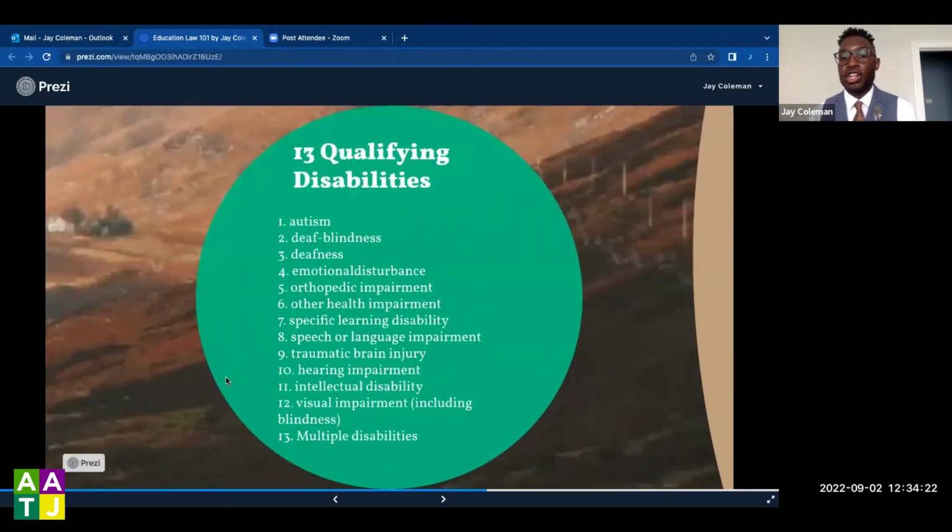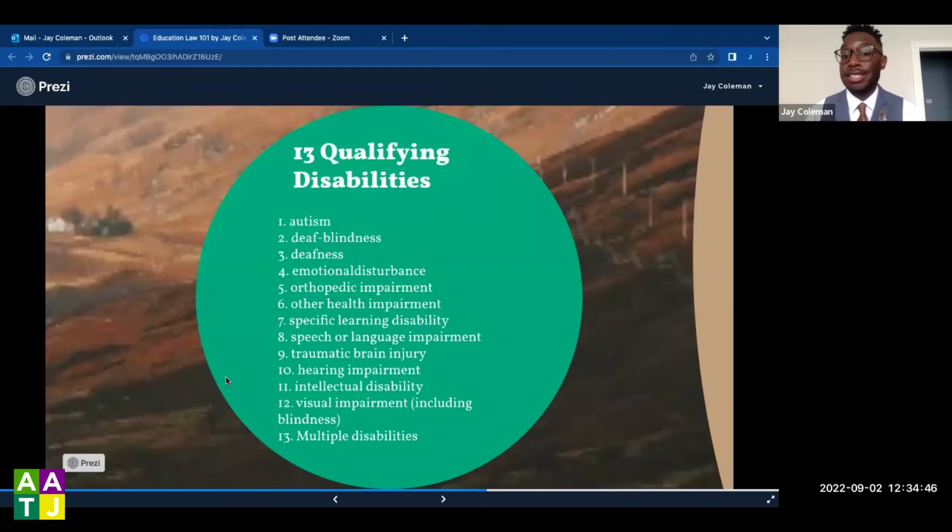Okay, so these are the 13 qualifying disabilities. They are autism, deaf-blindness, deafness, emotional disturbance, orthopedic impairment, other health impairments, specific learning disabilities, speech or language impairment, traumatic brain injury, hearing impairment.